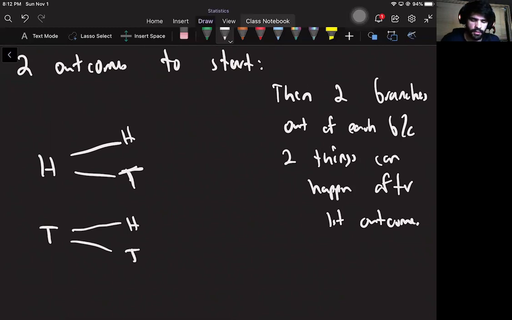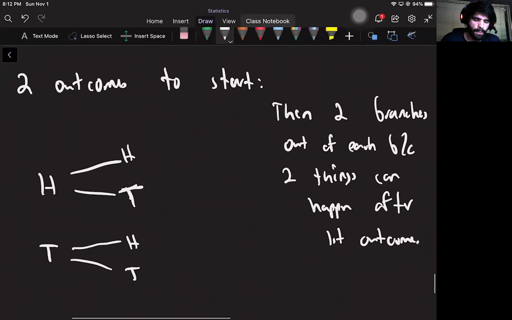Okay, so now what happens if I got heads? Well, that's saying that this is what happened. And then on my third coin flip, I could have 2 more branches coming out of that for what could happen afterwards. So after I get 2 heads, I could get another heads or I could get a tails. And then that's how we're going to get all the branches here. So the same idea applies to the rest.